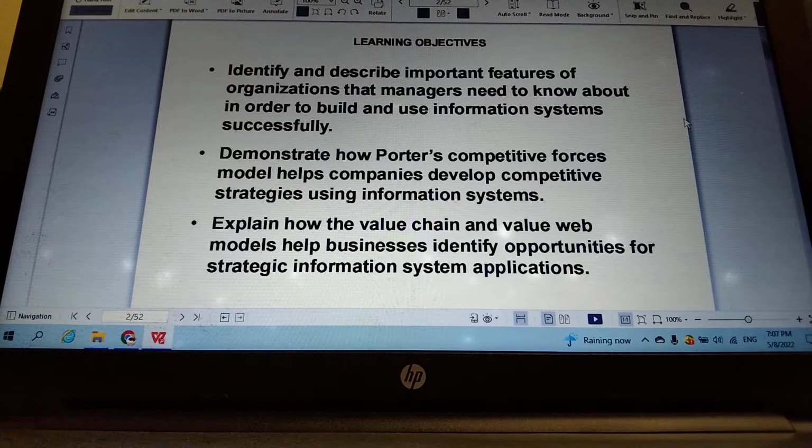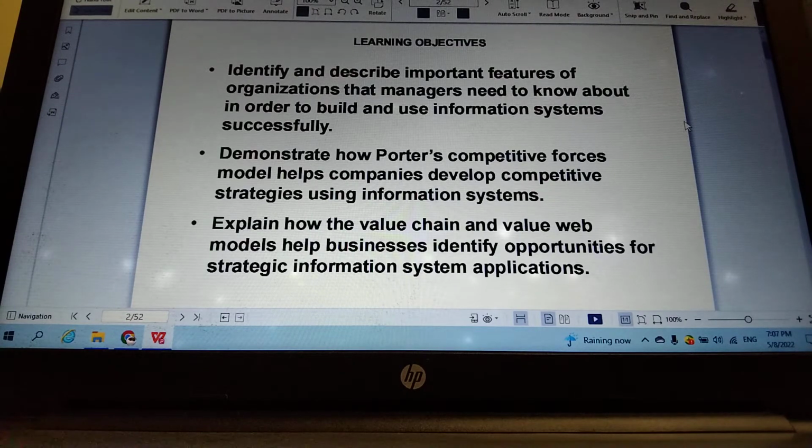The next objective is to demonstrate how Porter's competitive forces model, which we have seen and discussed in the last lecture, helps companies develop competitive strategies using information system. So we're going to look at how information system helps by using Porter's competitive forces model.